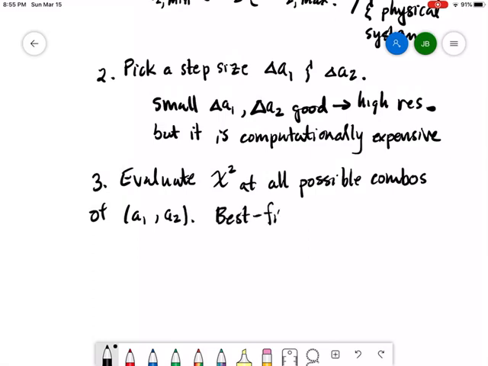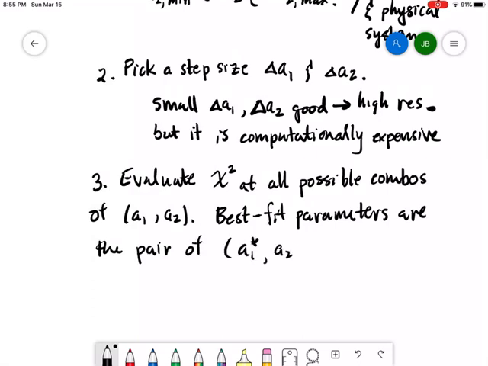And then the best fit parameters are the pair of, let's say there's some special pair A1 star and A2 star that give the minimum chi-squared.